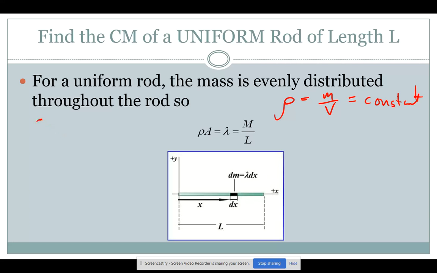So if I have a rod, the area of the end is the cross-sectional area. Area is pi r squared for the rod. And we'll say the area is small enough that I will just say it's one-dimensional.